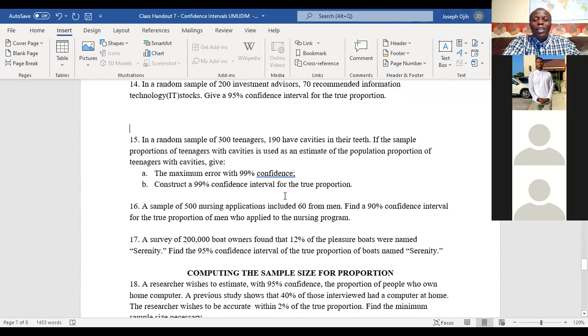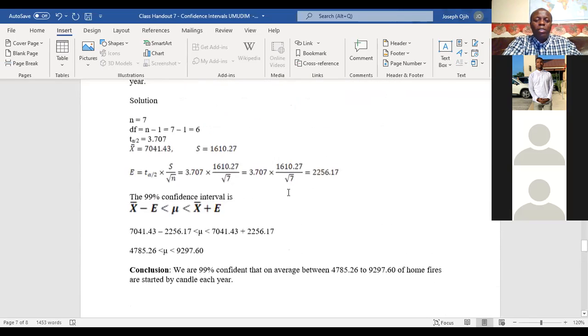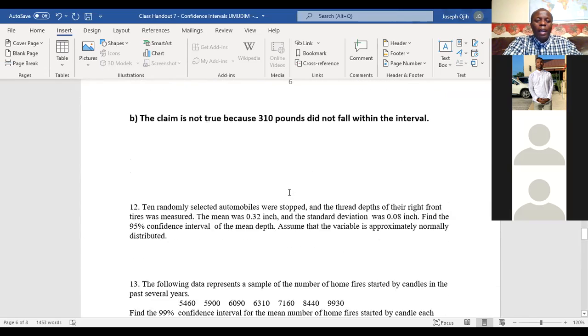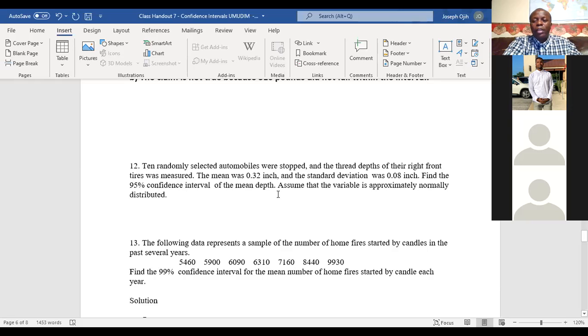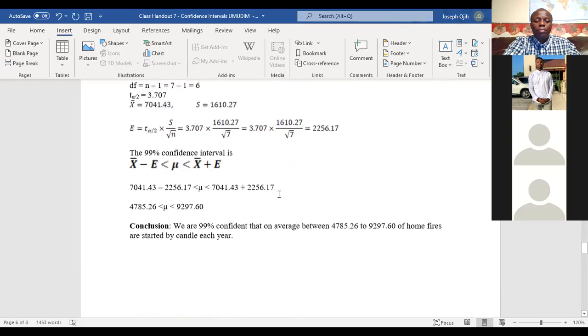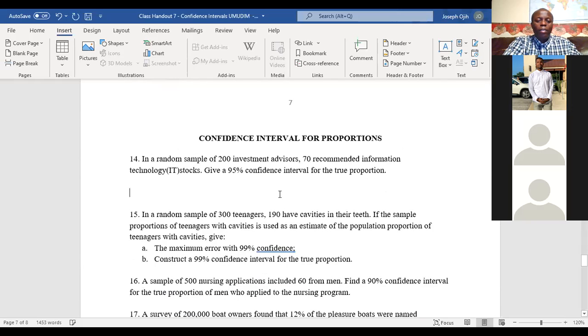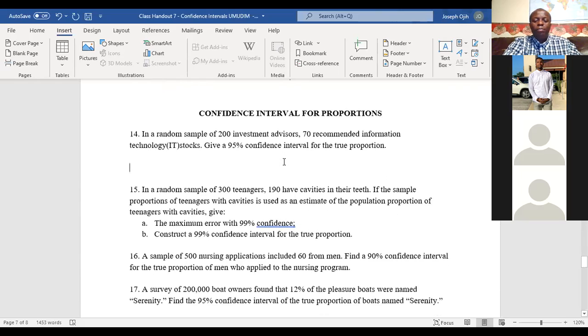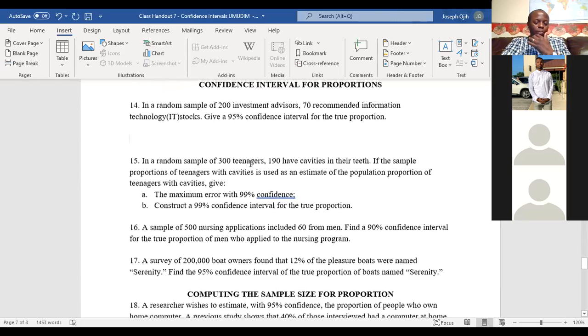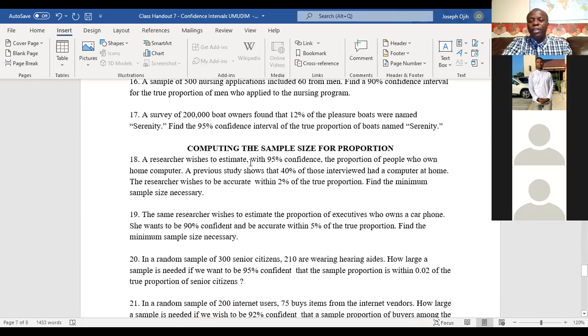If you do many examples, that's why I always do at least 3 examples so you can practice it. Tomorrow we'll finish confidence interval by doing this part, and that will end the confidence interval. Next Monday we now begin the test of hypothesis. That will be our last topic for the semester.